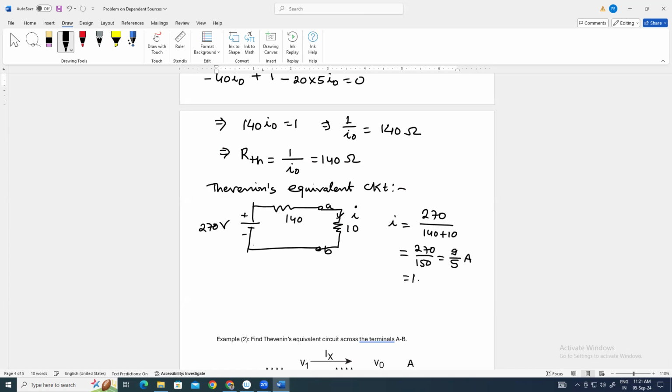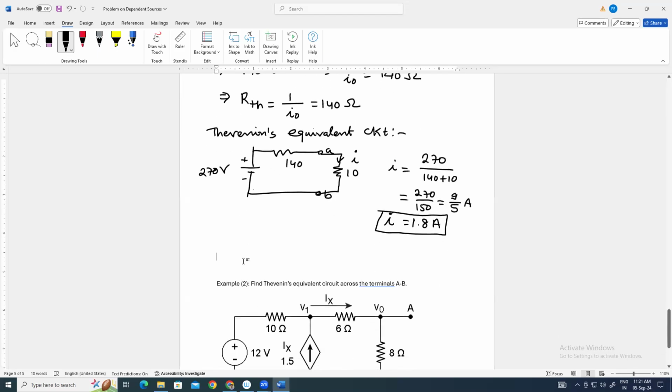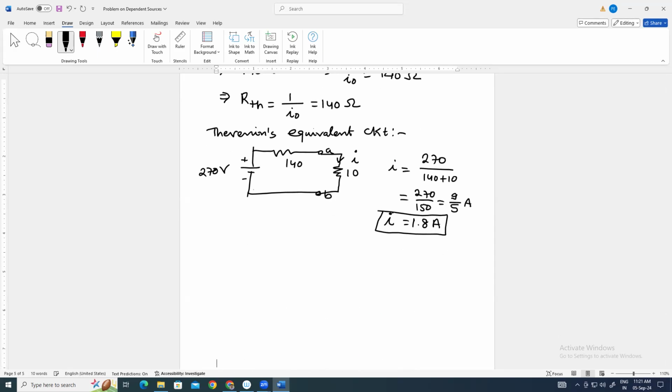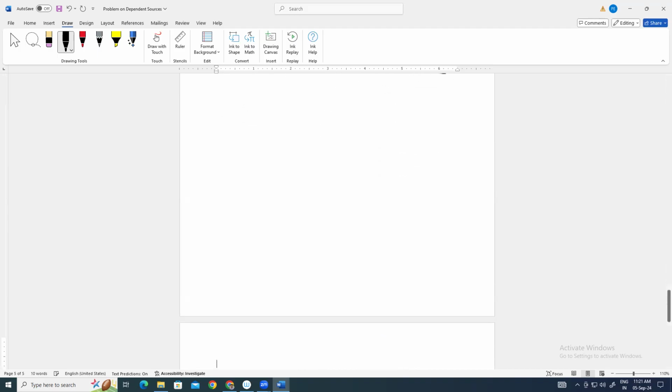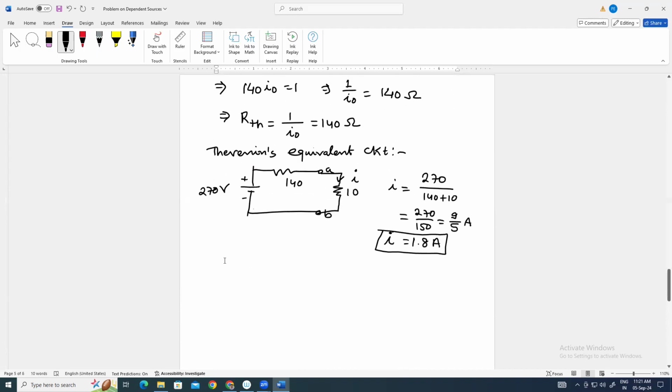So you are getting the same current, that is 1.5 ampere. It is verified using this Thevenin's theorem also. Okay.